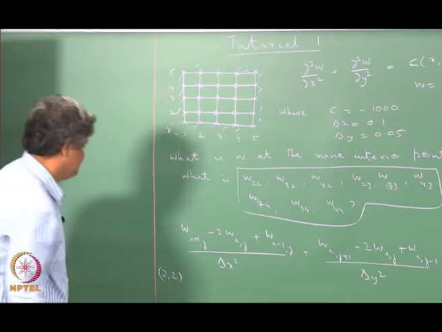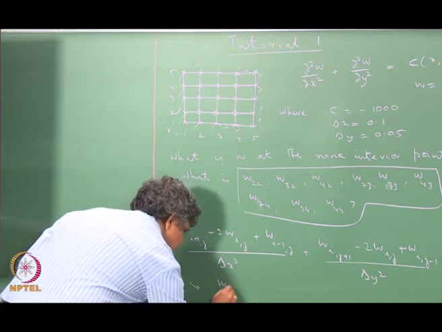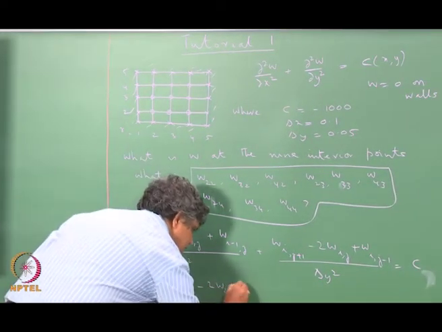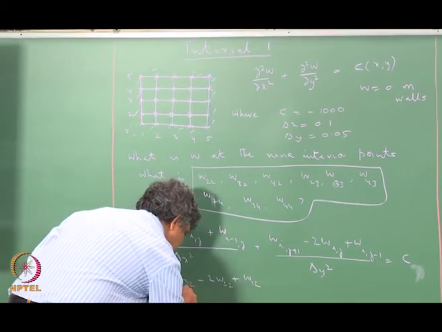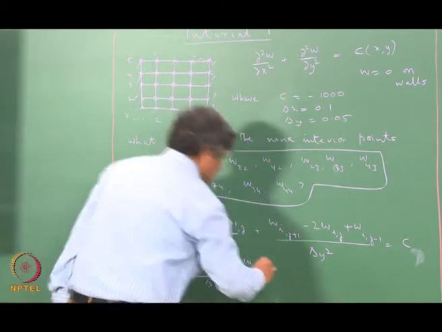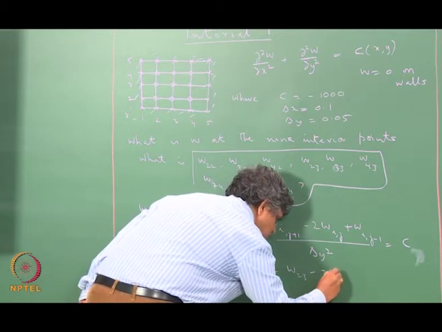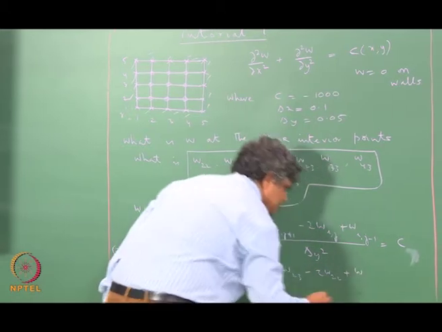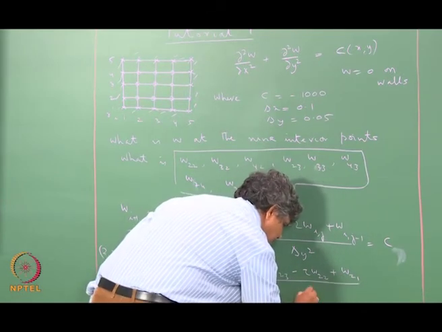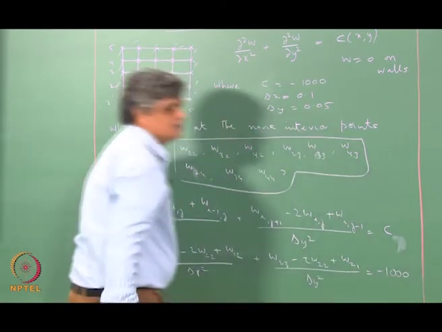For this case, we can write this as (W32 minus 2W22 plus W12) divided by delta x square plus (W23 minus 2W22 plus W21) divided by delta y square equal to minus 1000.